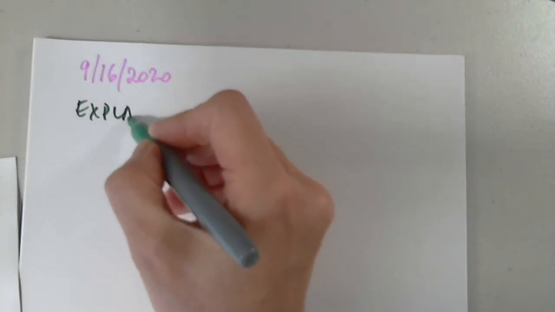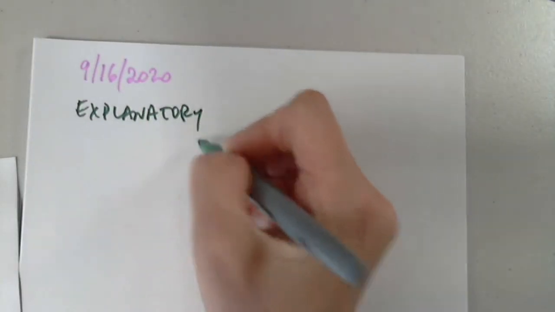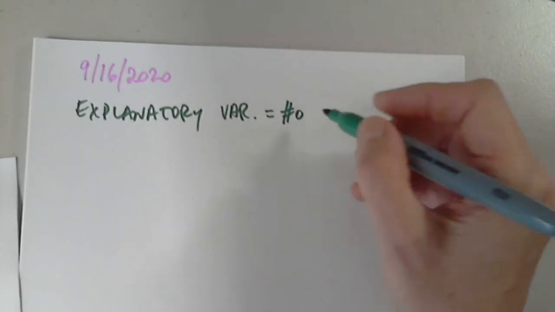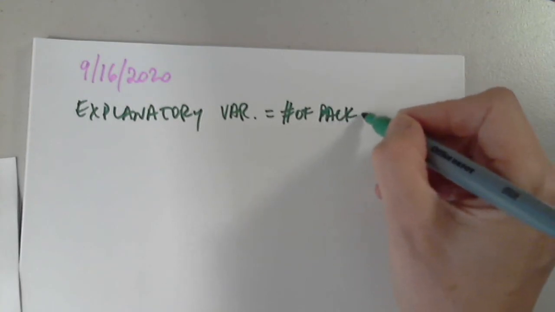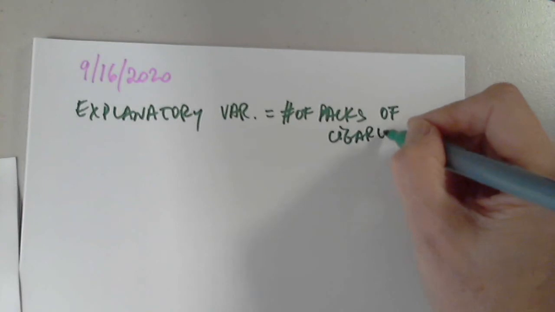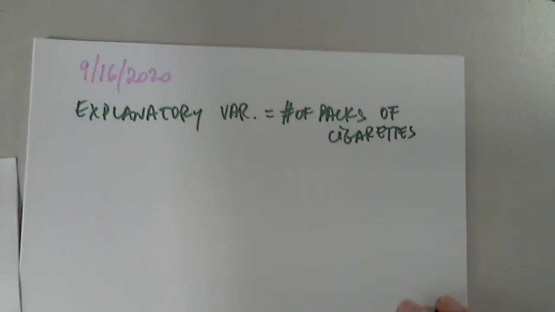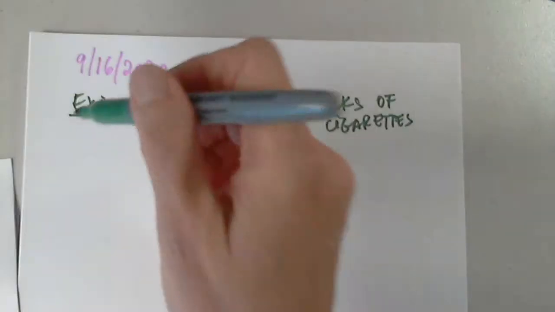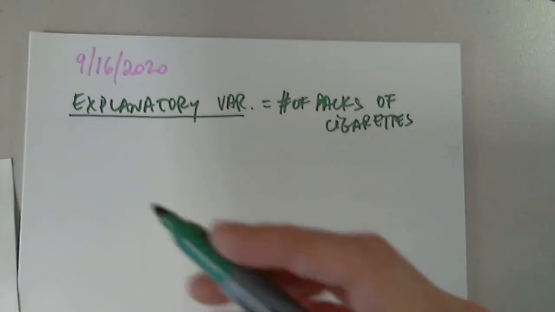So let's put it in writing. The explanatory variable, in this case, is the number of packs of cigarettes. This is what explains, we hope, that this is the variable that explains the response.